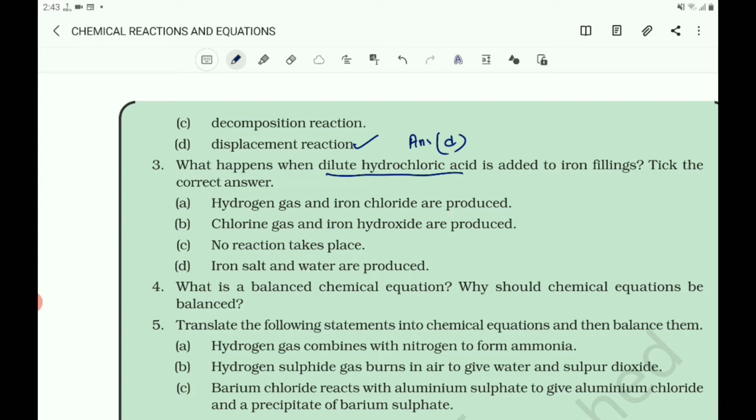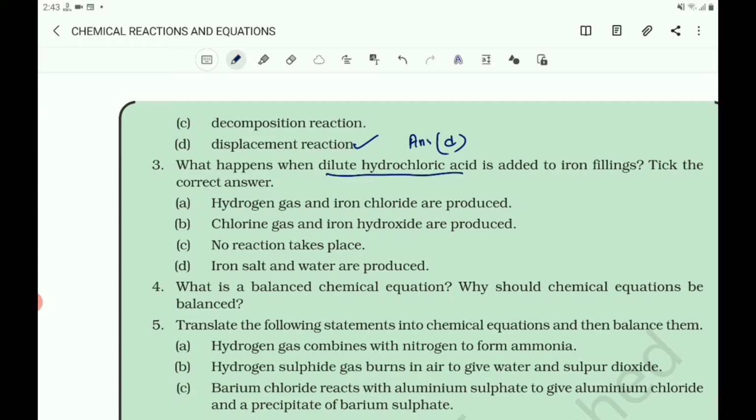First answer is hydrogen gas and iron chloride are produced. Second one is chlorine gas and iron hydroxide are produced. Third option is no reaction takes place. D is iron salt and water are produced.